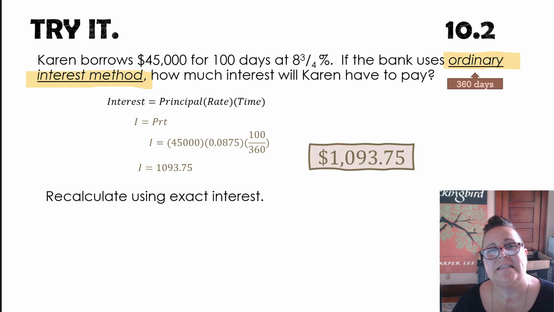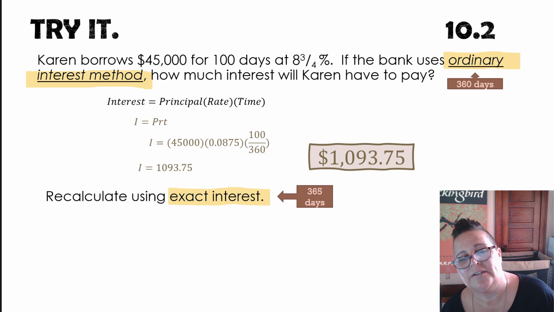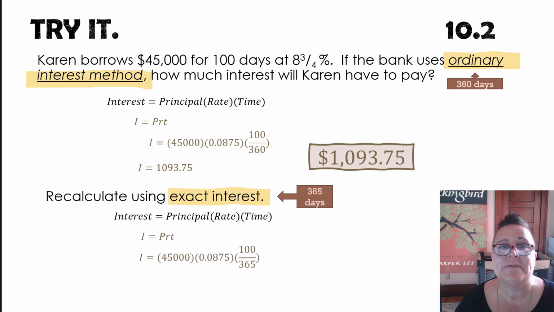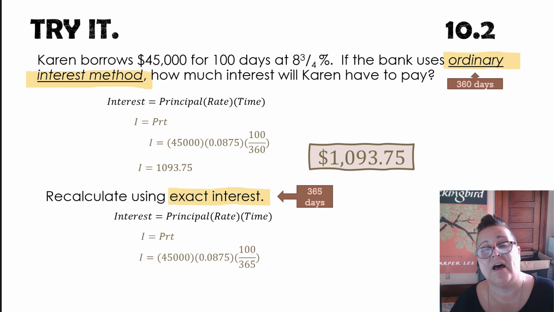I'm going to recalculate this using exact interest. And when I use exact interest, I have to remember that that is 365. So interest is principal times rate times time, or I is equal to PRT, where I have a principal of $45,000, an interest rate of 8.75%, so 0.0875 as a decimal. And then my time would be 100 days out of 365.